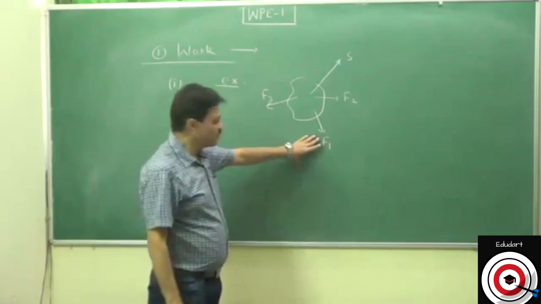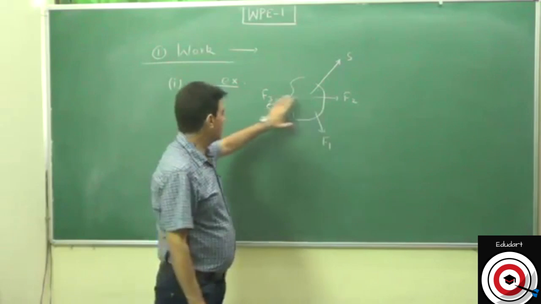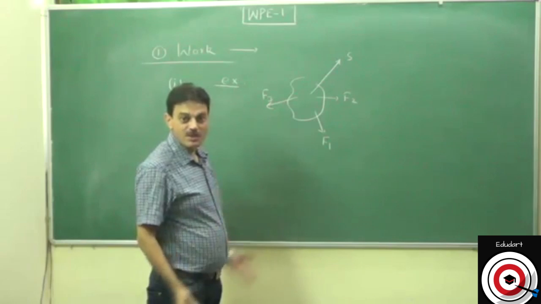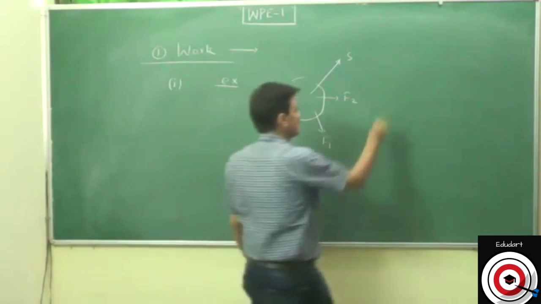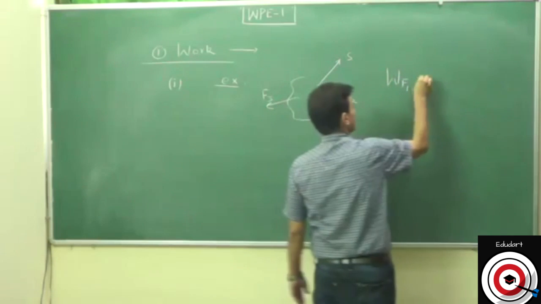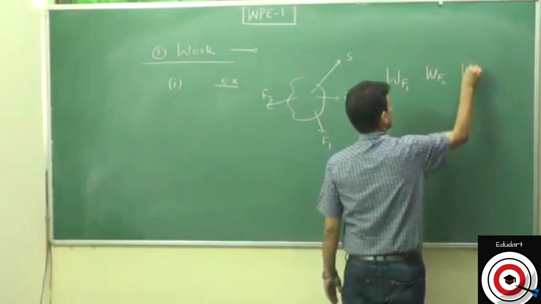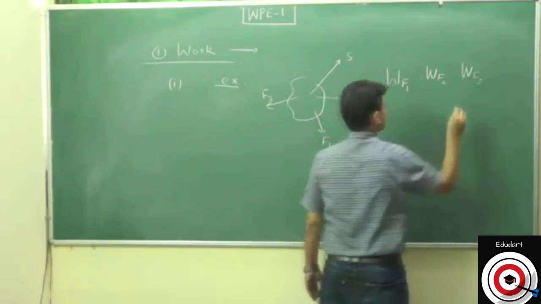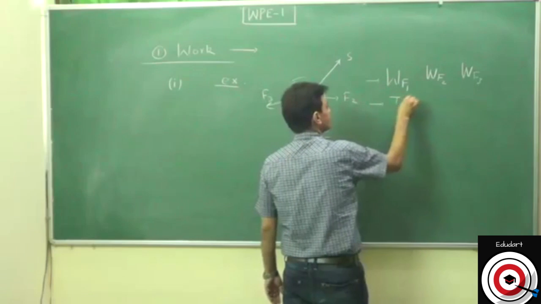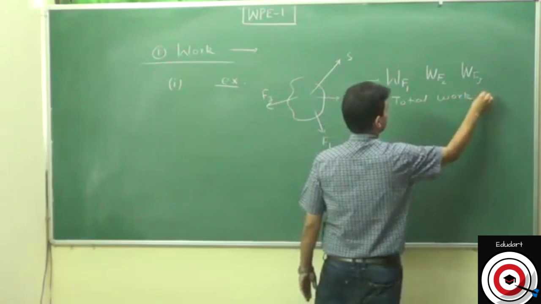Then work done by F1 will be different, work done by F2 will be different, and work done by F3 will be different, and there will be a total work done.